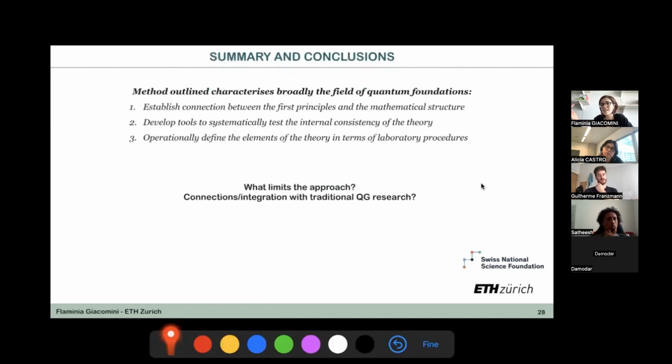One can ask if we will have to stop at some point, or how much we can extrapolate, and how to improve this method by integrating it with more traditional quantum gravity research. These are all open questions that I'm happy to discuss, and I'm also happy to take questions.